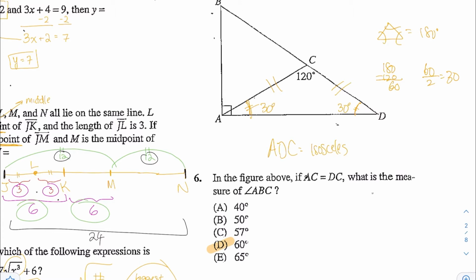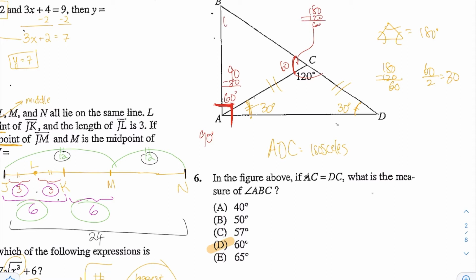Now, once you know that, then you can go to the top triangle because this is a right angle here, which means it's 90 degrees. You can do 90 minus 30, and that will give you 60 degrees for this angle. And it turns out that angle BCA is also 60 because this 120 plus this 60 needs to be 180. So to figure out this angle, that's 180 minus 120, which is also equal to 60.